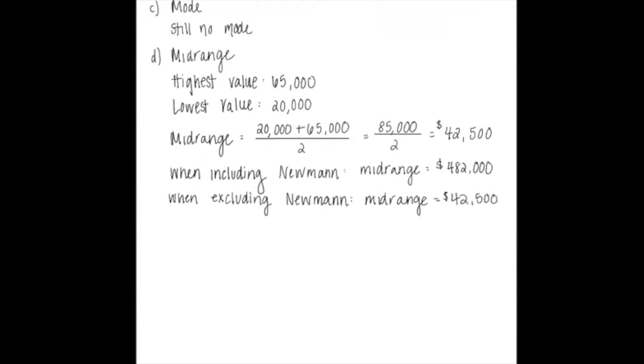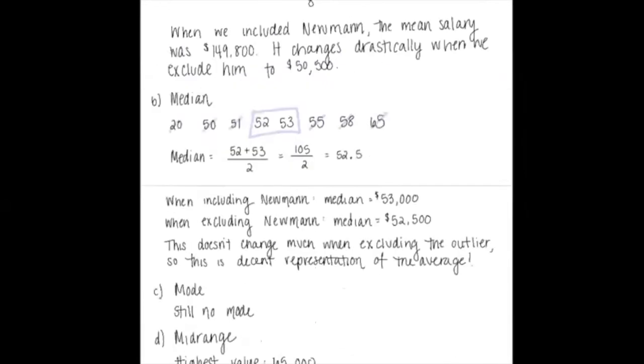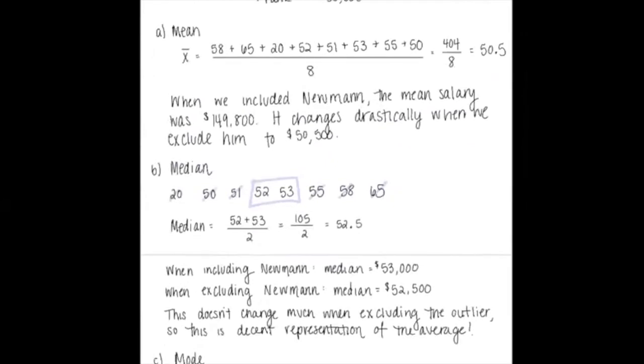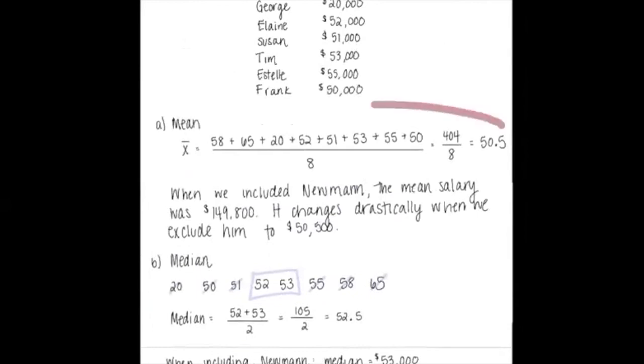So still not fantastic for anything that we have, because the 42,000 is still under a lot of our employees. So either way, our median is going to be the best in both circumstances. When you exclude that outlier, then you also get a good measure of the average from the mean.